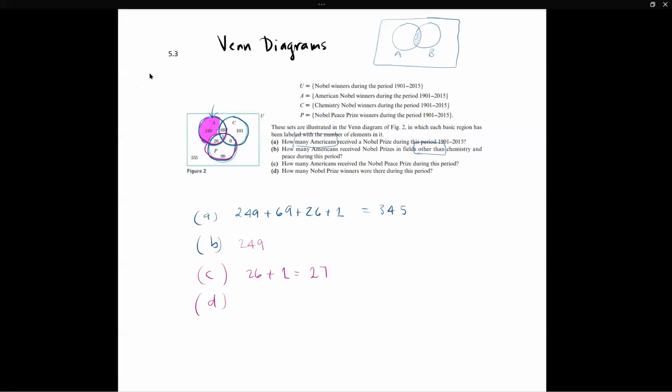Then how many Nobel Prize winners were there during this period? It's a kind of total, not specific to a discipline. So it looks like everybody, right? So you have the bigger set with 355, and now we just need to put everybody in.